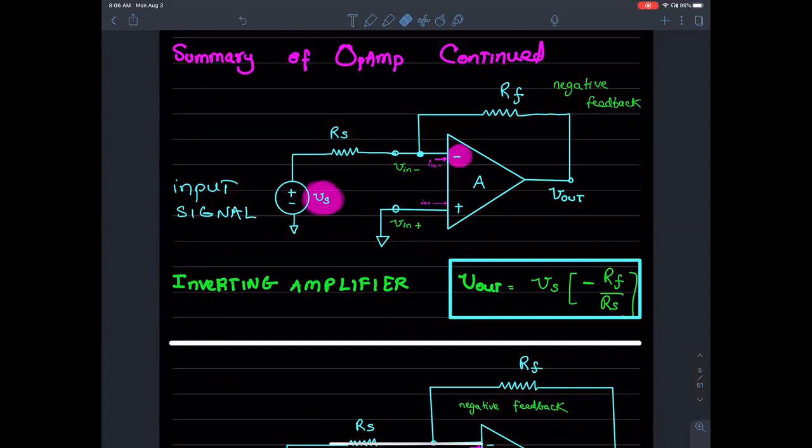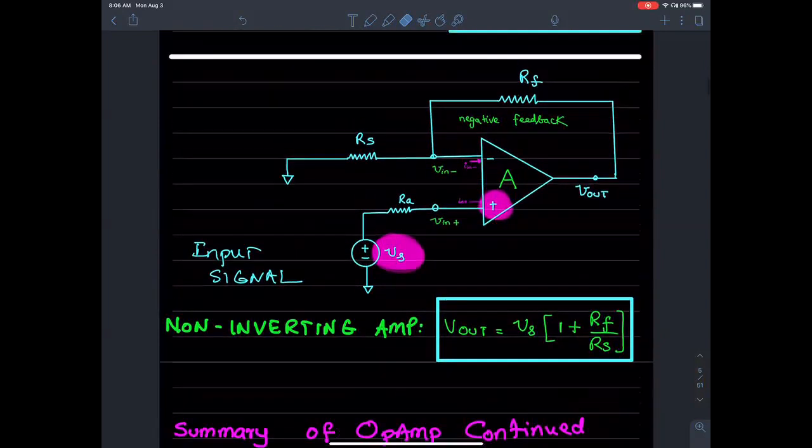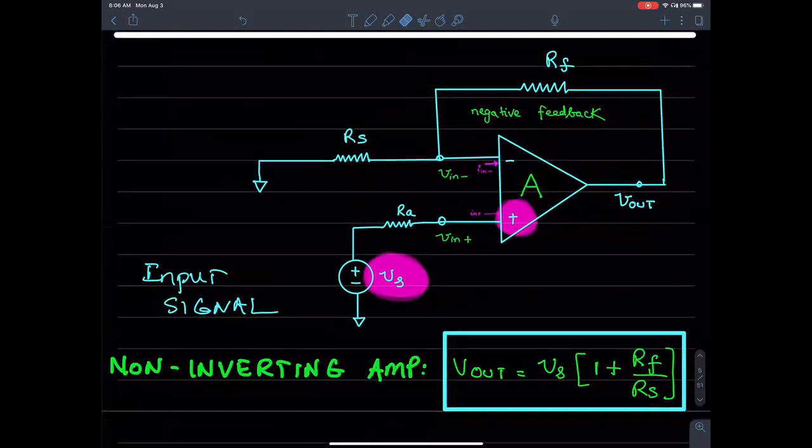Inverting amplifier, where the input is applied on the negative terminal, and the V output is V source times negative RF over RF. Then I talked about the non-inverting amplifier, where V input is connected to the positive terminal. Output voltage is the input multiplied by some positive gain, 1 plus RF over RF.